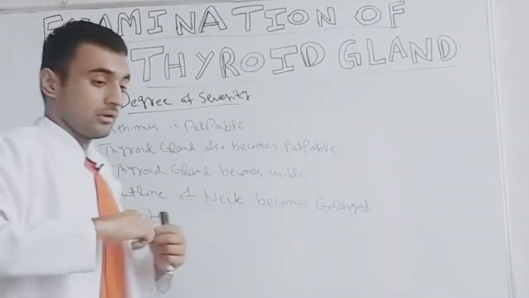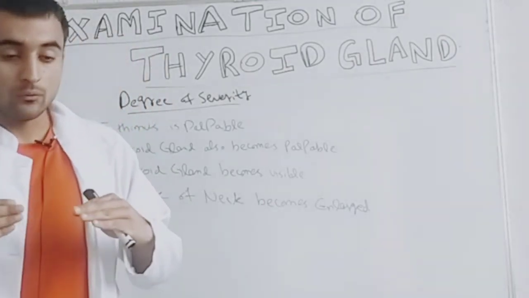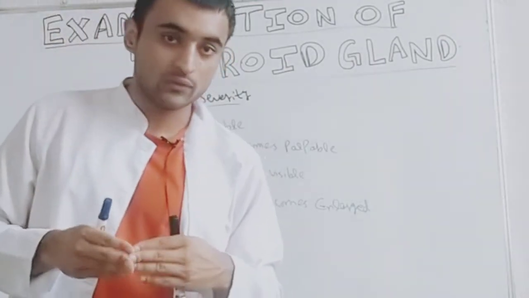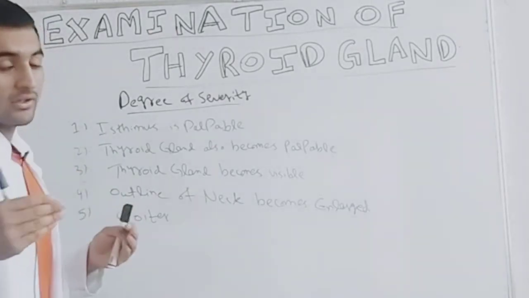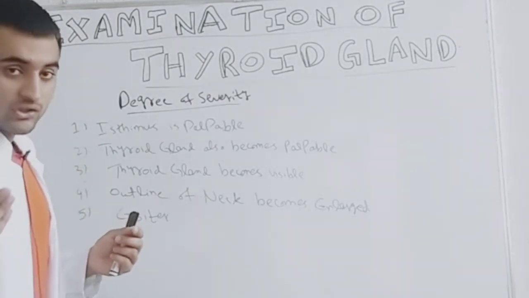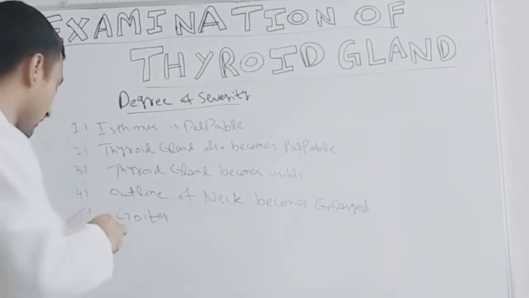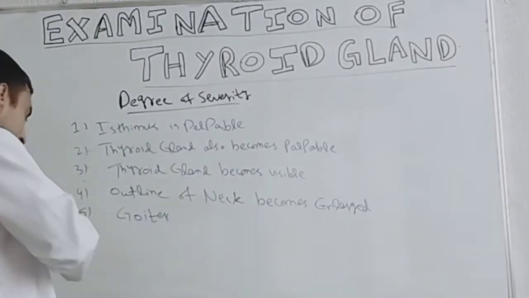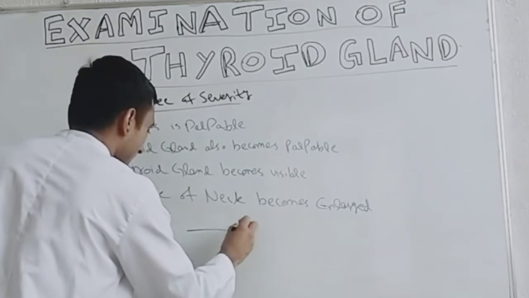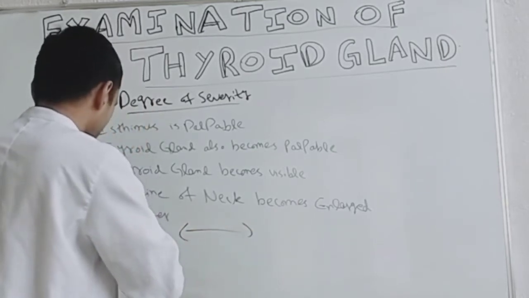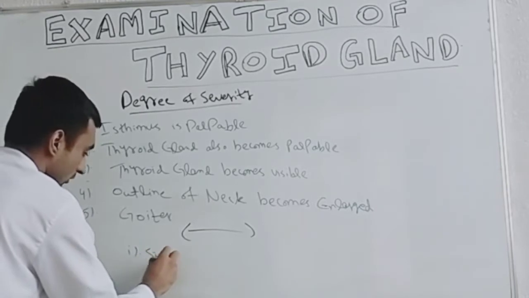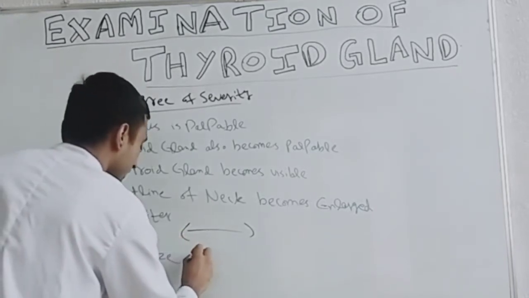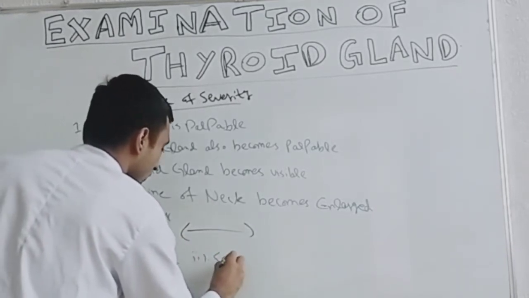Now, furthermore, what should be determined in the examination of the thyroid gland? Following are the factors determined during the examination. First of all, size is determined, whether it is normal or not. Secondly, whether there is any soreness.